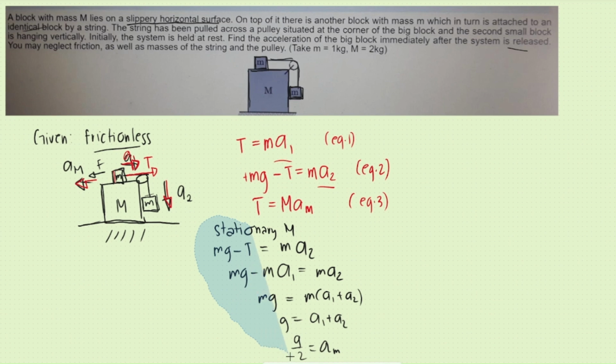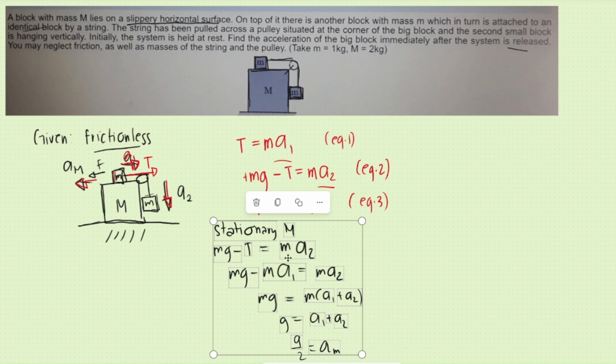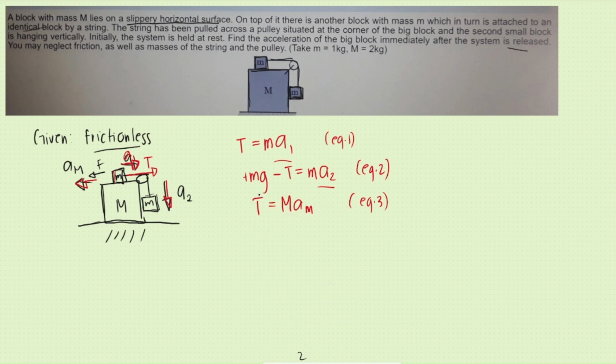I just showed you what if this big M here were stationary, so we would have done this instead. We just substitute ma1 in here in equation 2 and solve for the acceleration, which is the same for both. But this is not the case because a1 is relative and we have a reference, the ground.